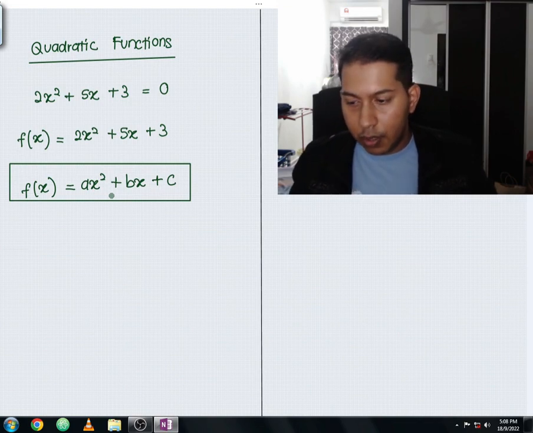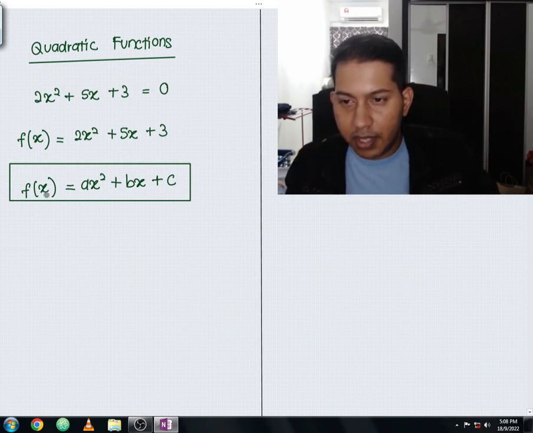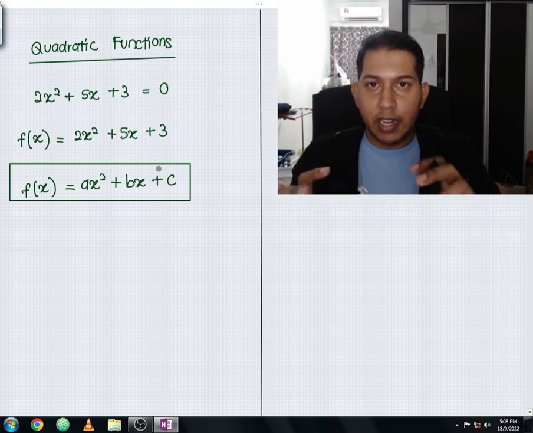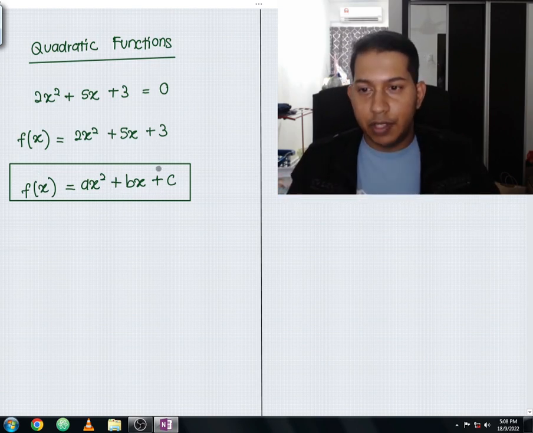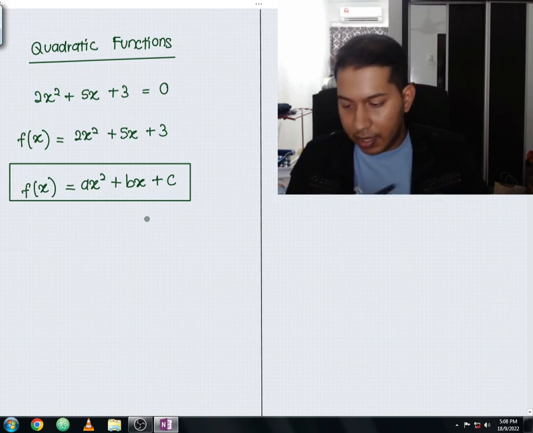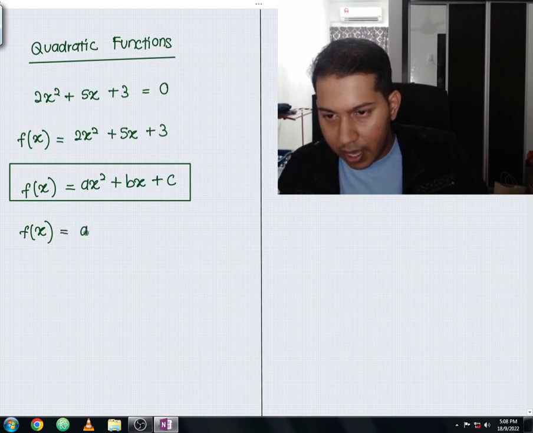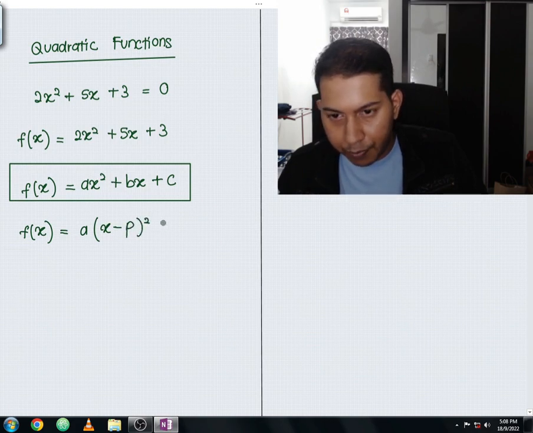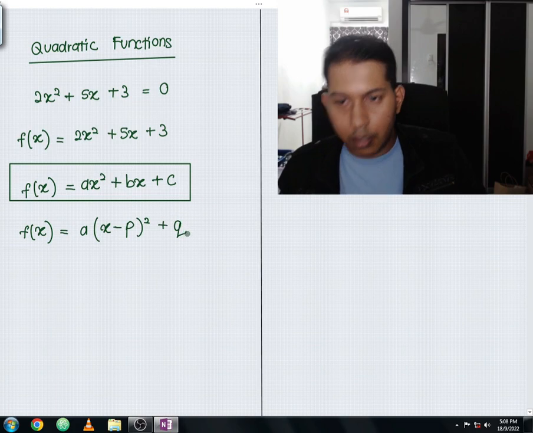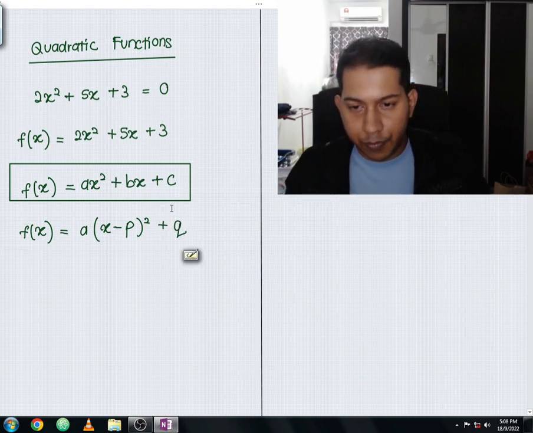So this is the general form of the quadratic function. Within this, we are going to break it down into a simplified version of this general form. In this case, your f(x) can be written as a(x minus p) squared plus q.